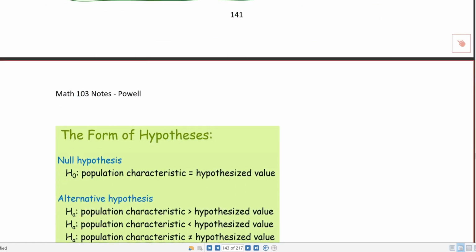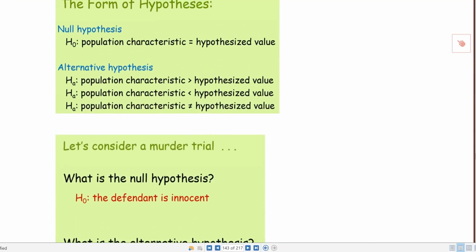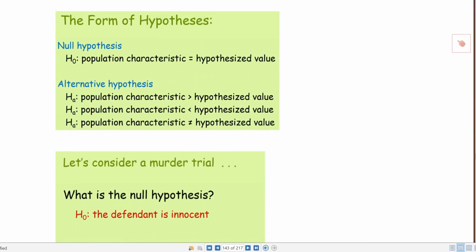So when we write them, they will look like this. The null hypothesis, we write H sub 0 colon the population characteristic equals the hypothesized value.